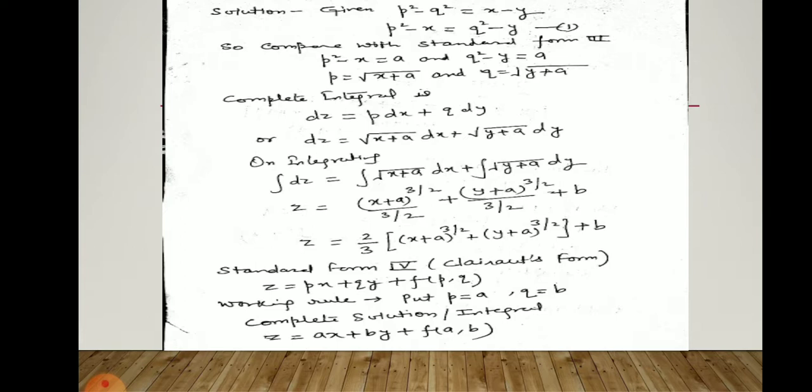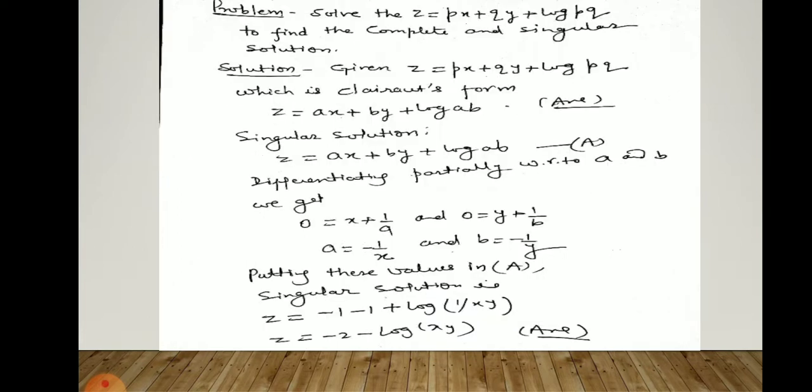Now look at the problem. Here we have to solve z is equal to px plus qy plus log pq to find the complete and singular solution. So clearly the given problem is in Clairaut form.